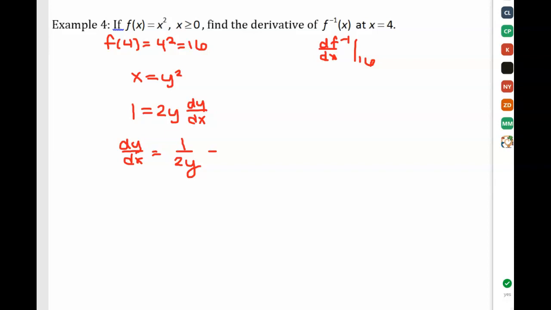And that gives 1 over 2 times 16, or 1 over 32. And that is your inverse derivative.